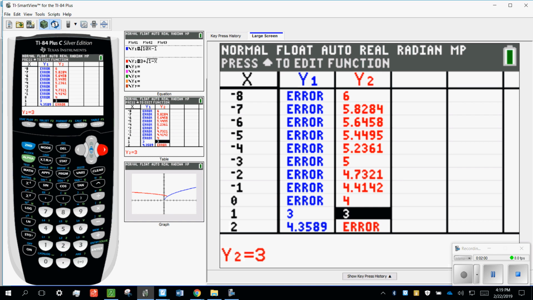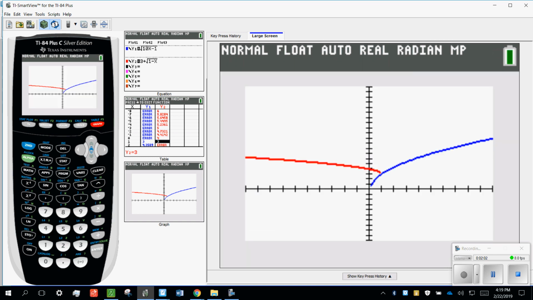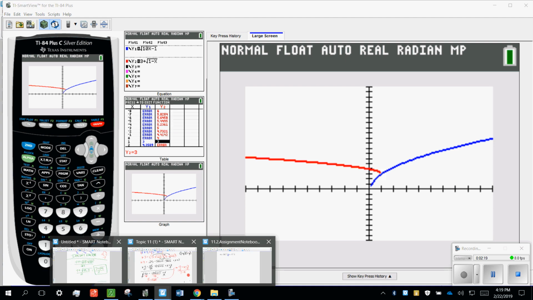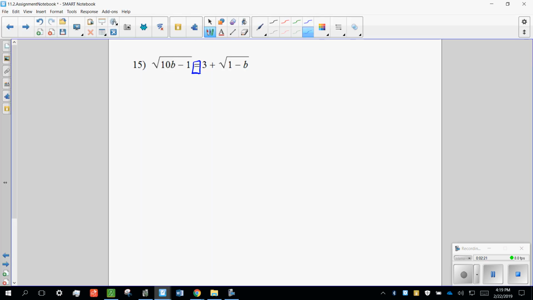And so when you do second trace 5, enter, enter, enter, it looks like there is no solution because it says there's no sign change. But if you look, those actually do intersect right at when x equals 1, y equals 3.